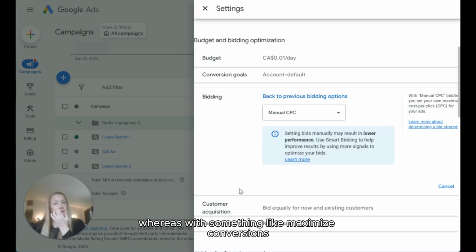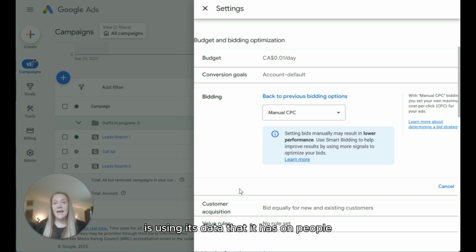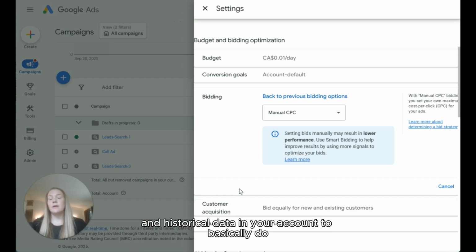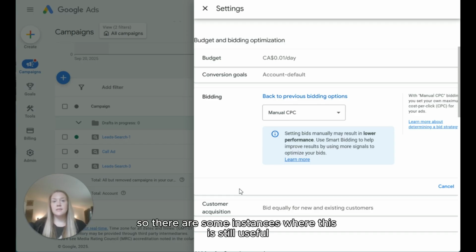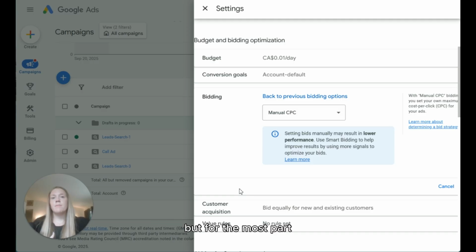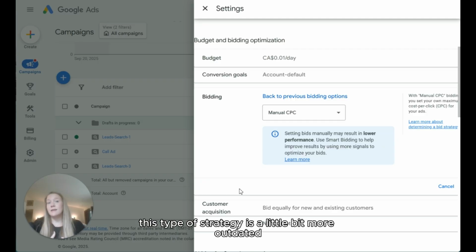Whereas with something like Maximize Conversions, Google is using the data that it has on people and historical data in your account to basically do that for you. So there are some instances where this is still useful. Usually it's when you're trying to diagnose an issue in an account. But for the most part, this type of strategy is a little bit more outdated in my opinion.